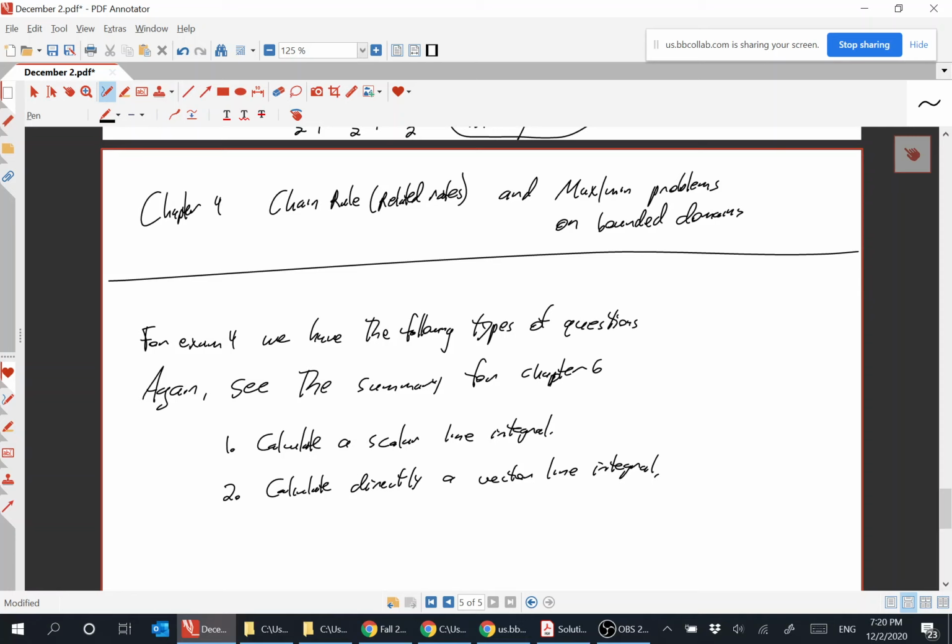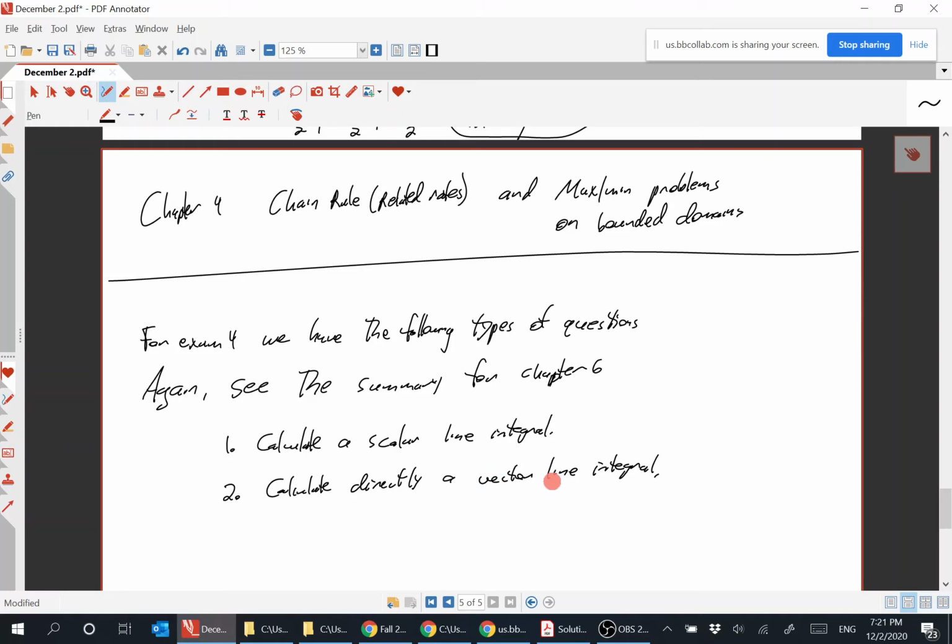The scalar line integral has no simplifying theorems, unless you can rewrite it in terms of a vector line integral, which you might possibly be able to do, but probably not. That's always just going to be a direct calculation. You have to parameterize the curve C, plug that into your scalar function, and integrate from A to B.